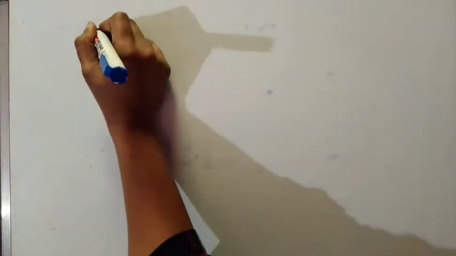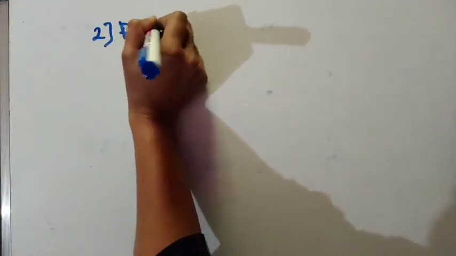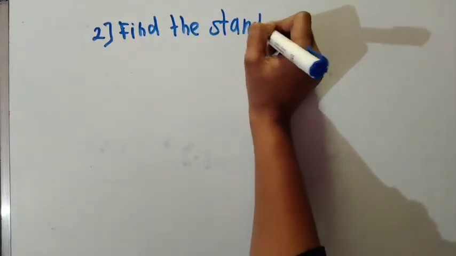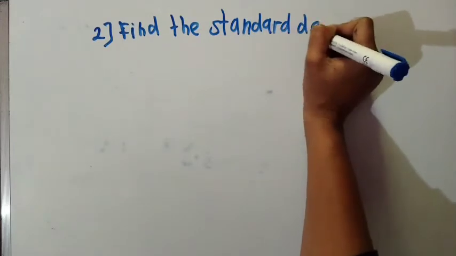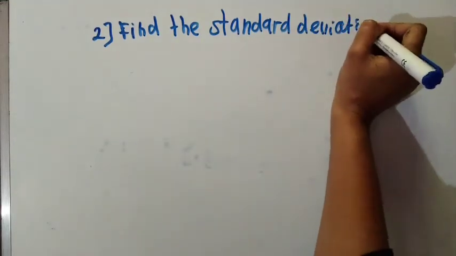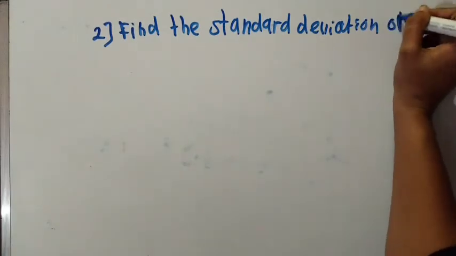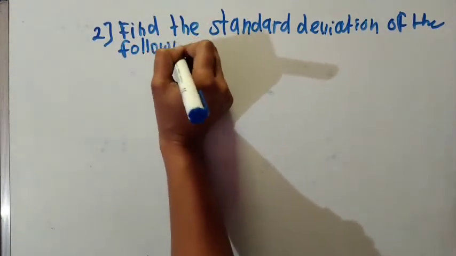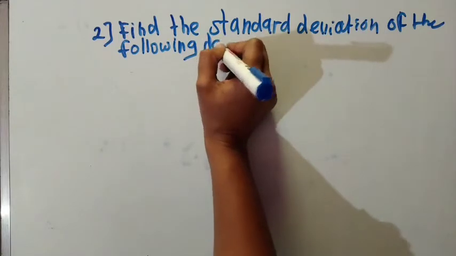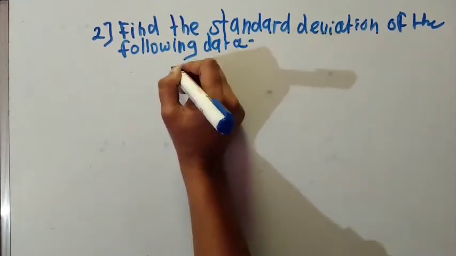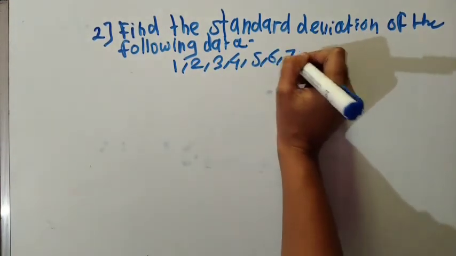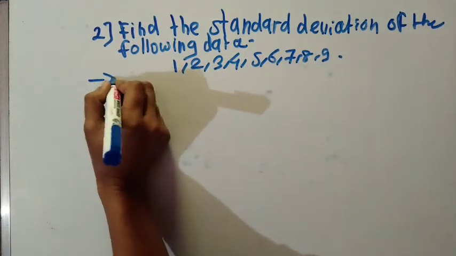Then we give the second example. Find the standard deviation of the following data: 1, 2, 3, 4, 5, 6, 7, 8, 9 is raw data.